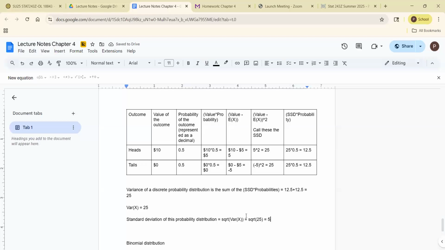Now, it's not a coincidence that we're seeing the number 5 pop up so often in this example. It's because we have nice even probabilities. We have nice round numbers for the money.